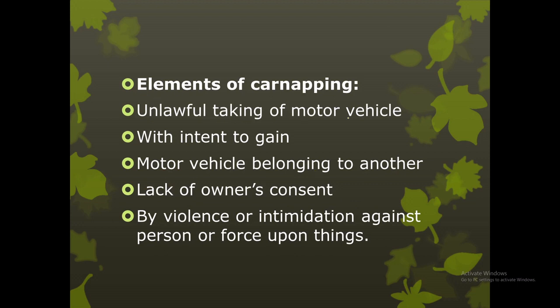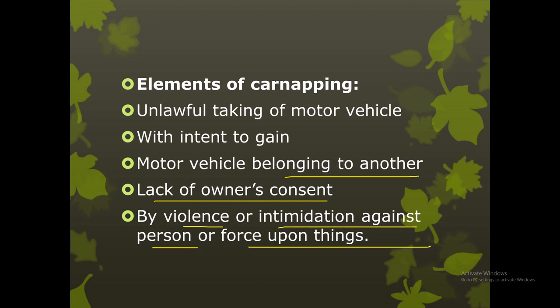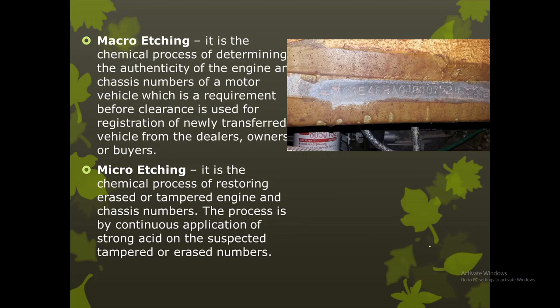Elements: unlawful taking of a motor vehicle with intent to gain, belonging to another, lack of owner's consent, or by violence, intimidation against a person or force upon things. Then we have macro-etching. Macro-etching is the chemical process of determining the authenticity of the engine and chassis number of a motor vehicle, which is a requirement before clearance is used for registration of a newly transferred vehicle from the dealers, owners, or buyers.